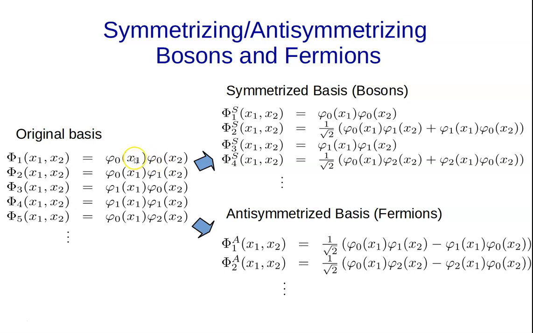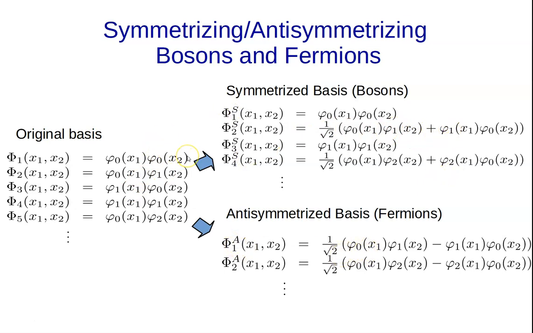Because there's no way I can antisymmetrize this one when both functions are in the same state, right? So this one is simply not allowed by symmetry, by quantum statistics, as we call it. So I can only have the antisymmetrized version of the other ones.